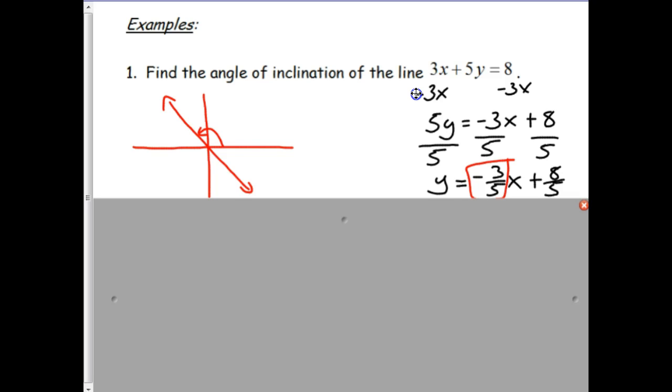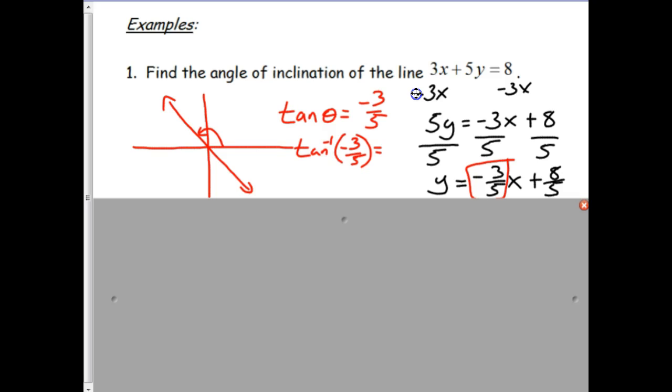We only want the ones above the x-axis. So this is going to be tan of theta equals negative 3 over 5. I got to take the inverse to find the angle. So inverse of tan, negative 3 over 5 equals, right?